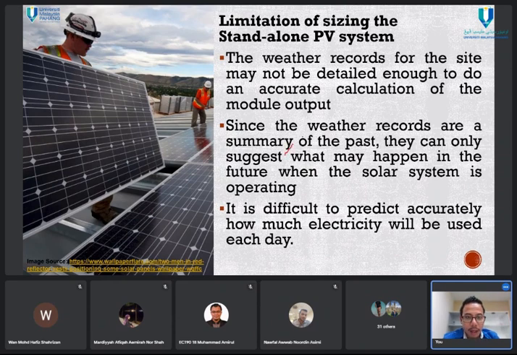Weather records are a summary of the past. They can only suggest what may happen in the future when the solar system is operating. That's why the forecasting study is there, to predict how much energy will be generated tomorrow based on historical data. That's why it's difficult to predict accurately how much will be generated.